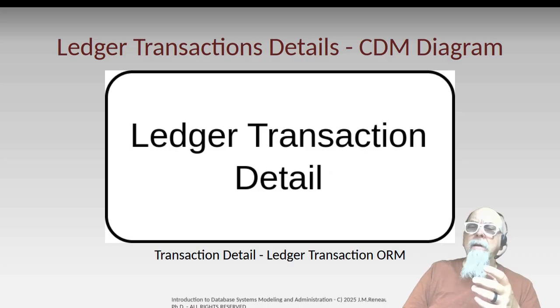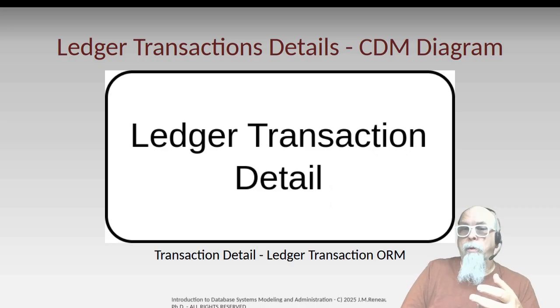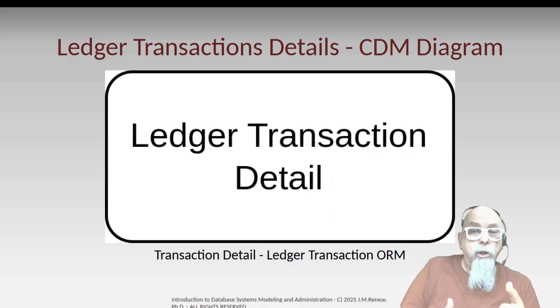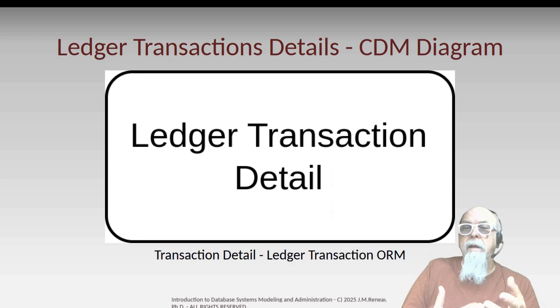I do like naming a detail entity that's related to a transaction with the name of the transaction and the word detail or something like that. So make these names meaningful, because the more meaningful the names are, the more valuable the picture is and the model is. It's easier to just glance, read, understand, and know what they are.